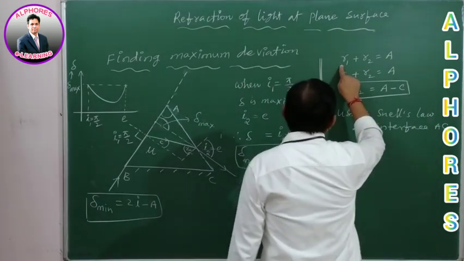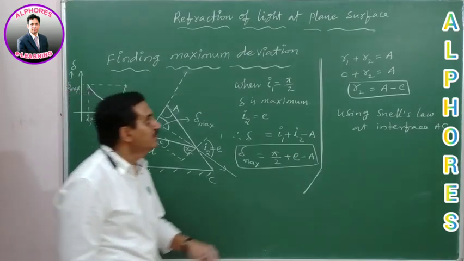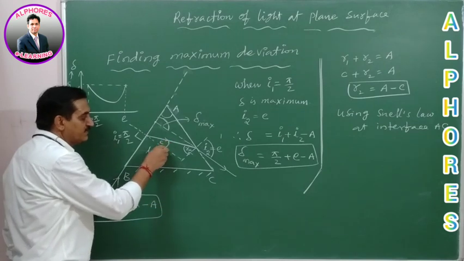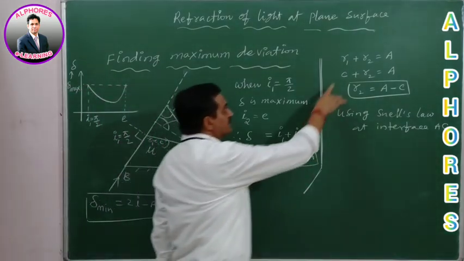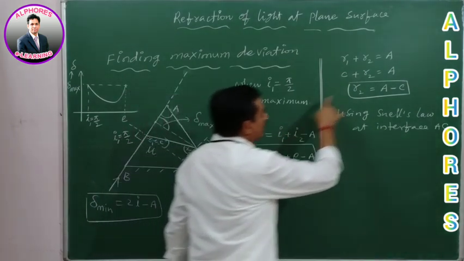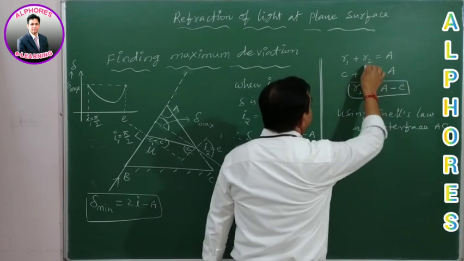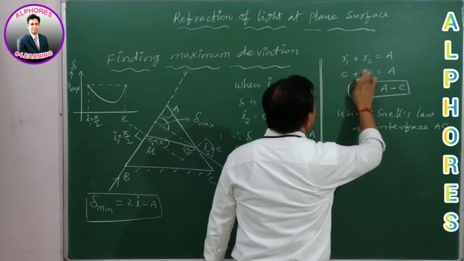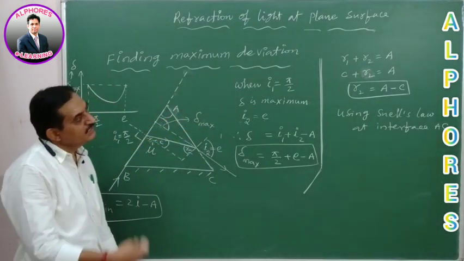Okay. Now we know that R1 plus R2 is equal to A from the previous derivation. Grazing incidence definitely means R1 is equal to the critical angle, R1 is equal to C. Plus R2. Therefore C plus R2 equals A, so R2 is equal to A minus C. Of course, we substitute later.